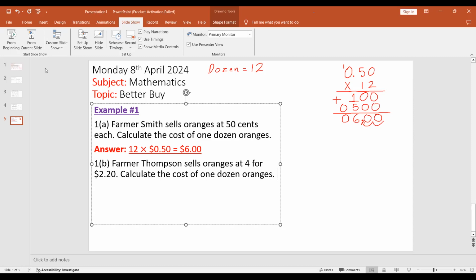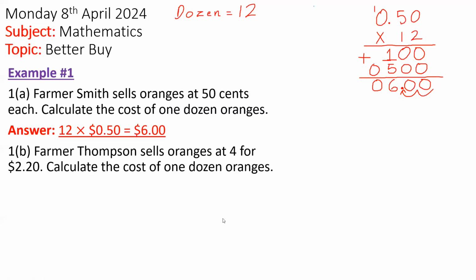All right, so we have a farmer. He sells 4 of those oranges for $2.20. Calculate the cost of a dozen oranges. How are we going to do that? We're going to multiply 4 by $2.20. You want the cost of 1 dozen oranges.